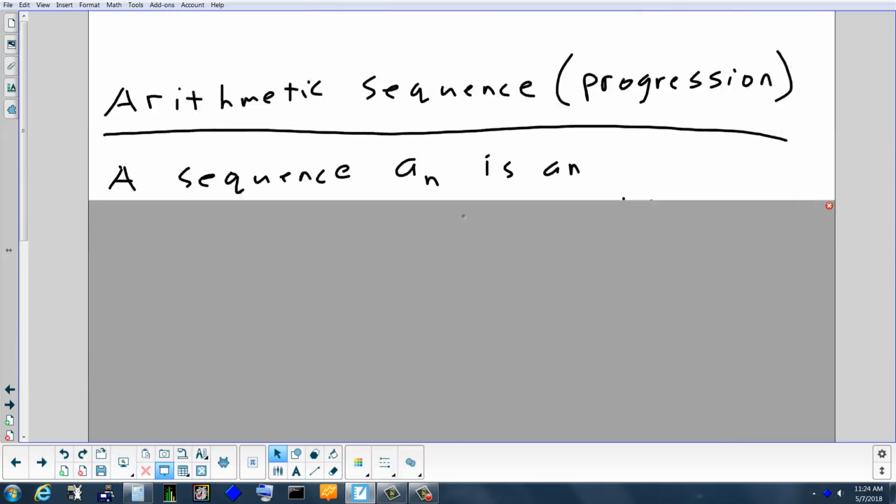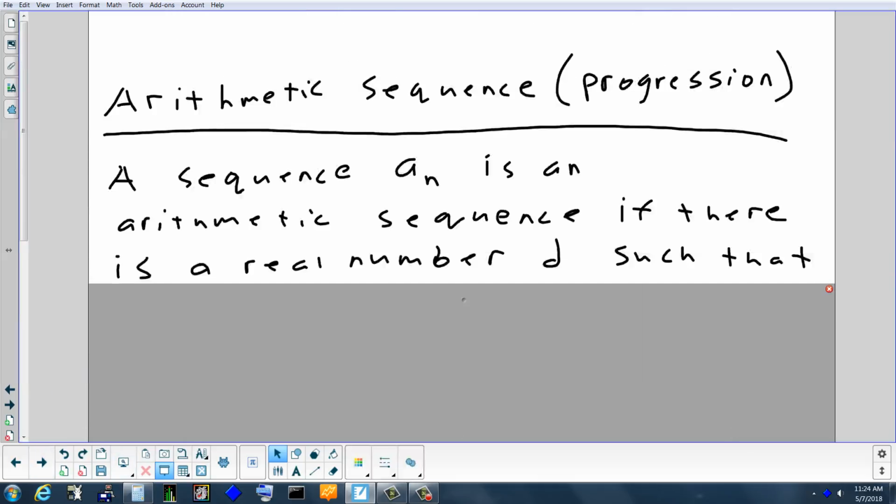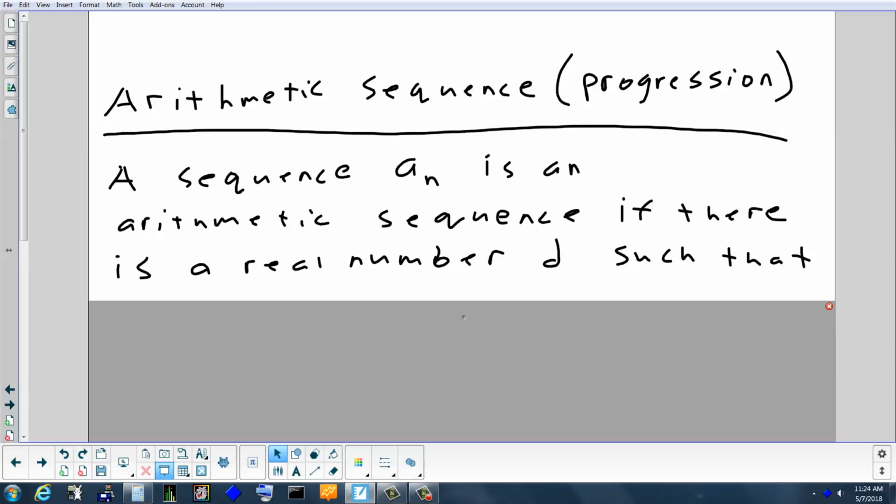All right, so 2 main kinds of sequences we look at are what's called arithmetic and geometric. Basically, what happens in an arithmetic sequence is to get from one term to the next, you add the same number over and over.